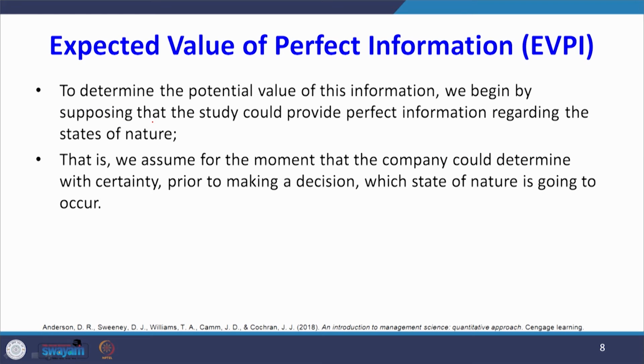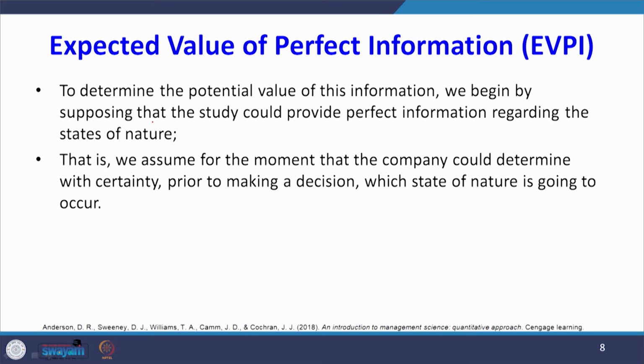To determine the potential value of this information, what is that information? What is going to be the states of nature? So, we begin by supposing that the study could provide perfect information regarding states of nature. We are going to find out the value of this perfect information about the states of nature.